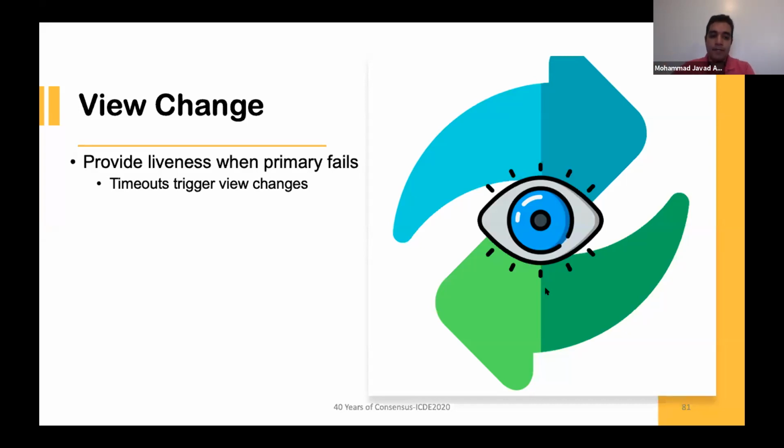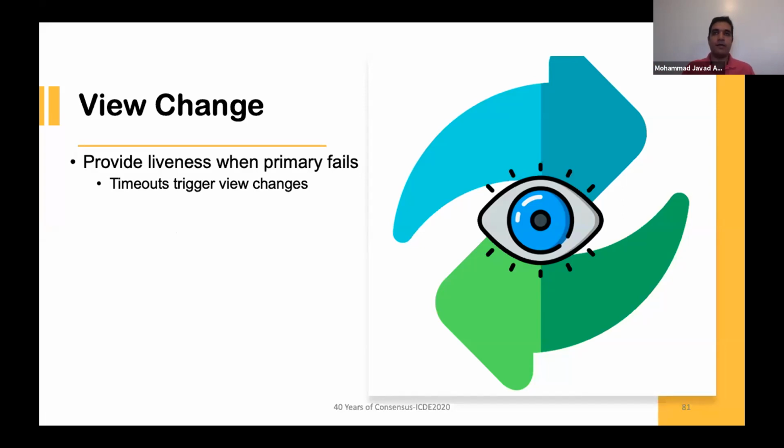However, if we have timeouts, the timeouts trigger a view change. The timeout means that there was some problem with the message from the leader, and the problem is usually that the leader is faulty. So the view change provides liveness when the primary fails.